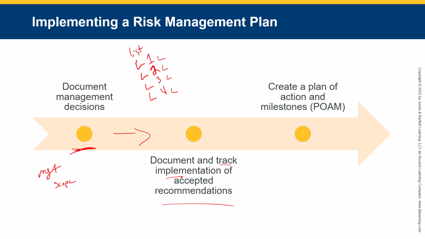So we have to have documentation of the appropriate ones. And then from there, we can start building out the POA&M, the plan of action and milestones. Again, we're not actually doing any implementation here. We're just talking about what the recommendations would be. Once we have acceptance of those recommendations, then we can start building out the plan.